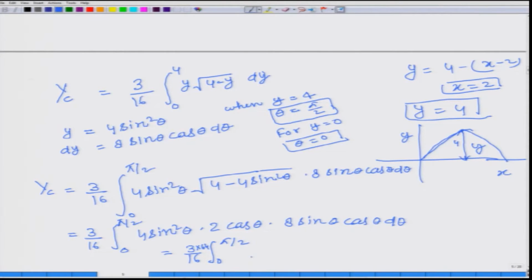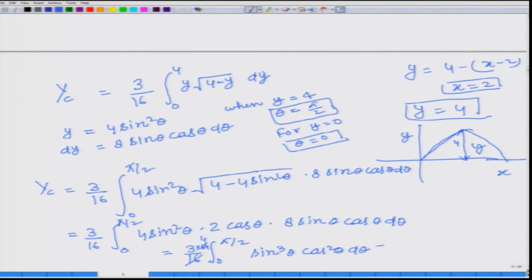So, this is sin cube theta, 8 sin theta cos theta, this is fine, 4 sin square. So, sin cube theta cos square theta into d theta, right. So, this is the entry. So, 16 times 4 equal to 64.